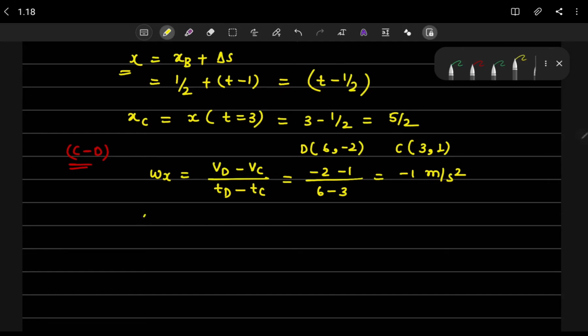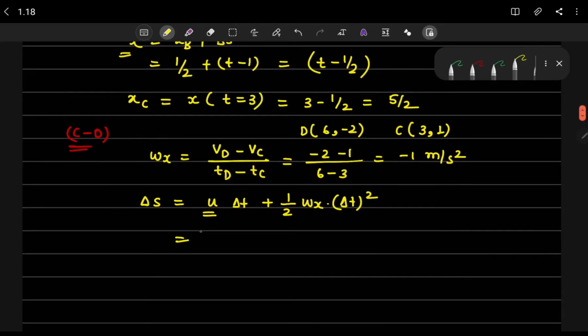Now let us write the value of displacement: u into delta t plus half into a into delta t whole square. Here the initial velocity will be vc into t minus tc plus half into minus 1 into t minus tc whole square.